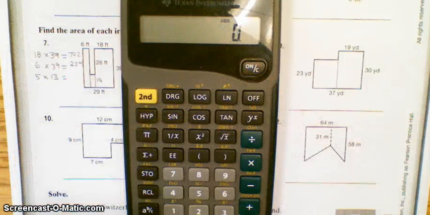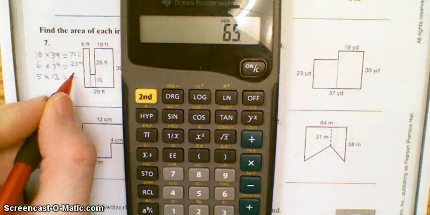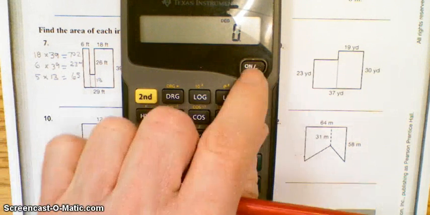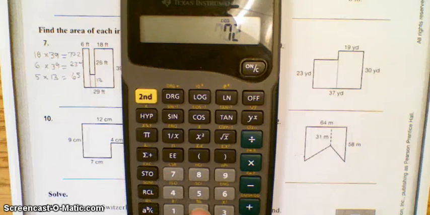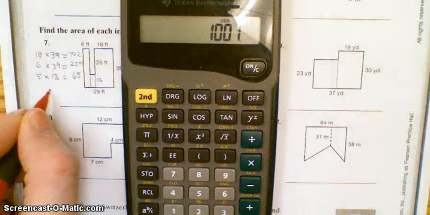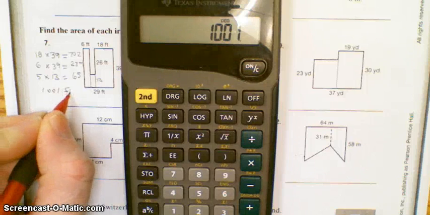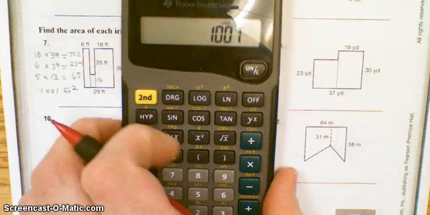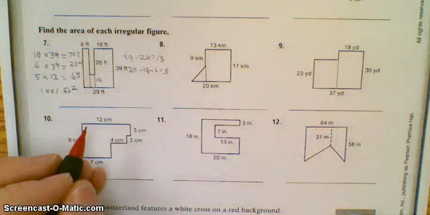Then we have 5 times 13. That's 65. And then we add all those together: 702 plus 234 plus 65. And that's going to give us 1,001 feet squared. Remember, it's going to be feet squared because it's area.